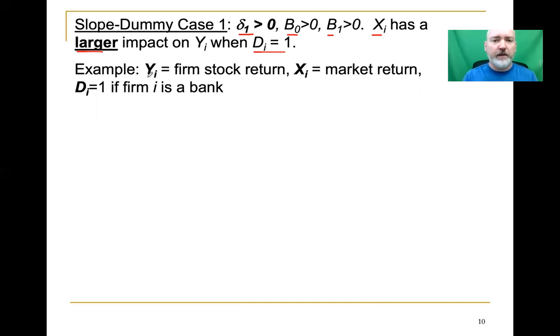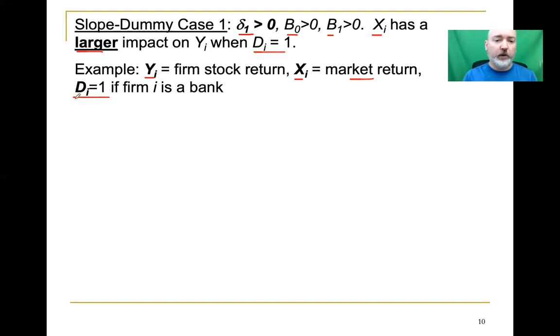So we can think of any number of examples here. This one isn't necessarily obvious that it's going to be positive, but if we're doing kind of a capital asset pricing model equation where we're predicting the return on a given asset, so stock return on different firms as a function of, say, the S&P 500, the market return, and doing this in a cross-sectional regression, we might want to control for industry effects, right?